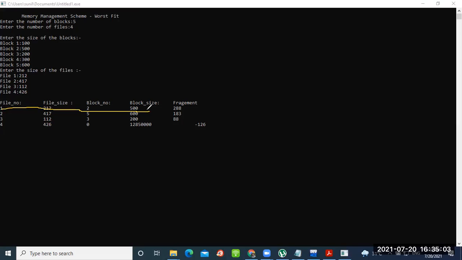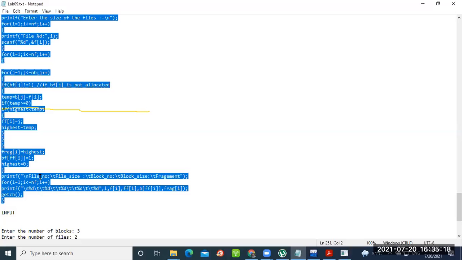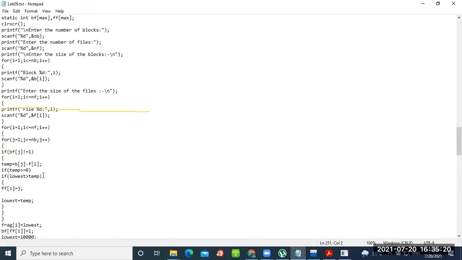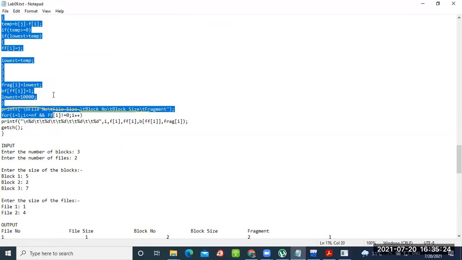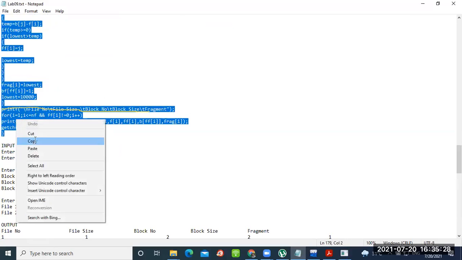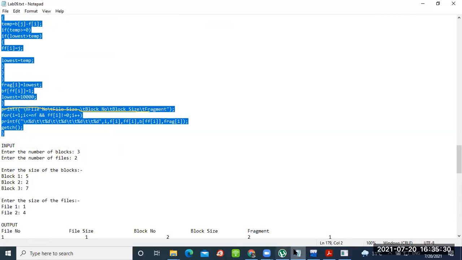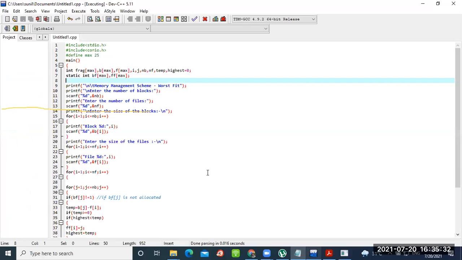It should not be block 2. Okay, let me check the best fit, whether this is working the same. Take the best fit.